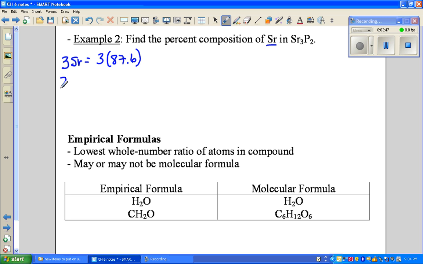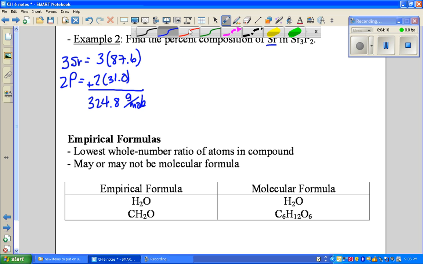And I have 2 phosphorus, 2 times 31.0. Again, round the masses to the tenths place, multiply by how many there are and add them up. And I get 324.8 grams per mole.